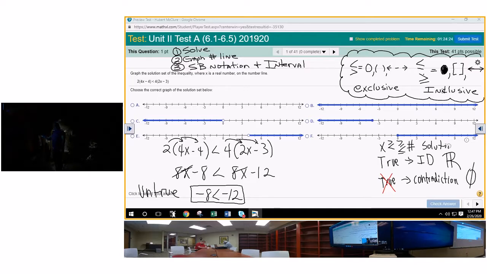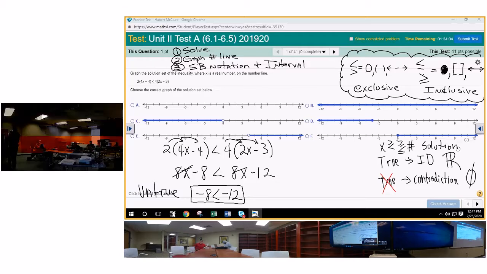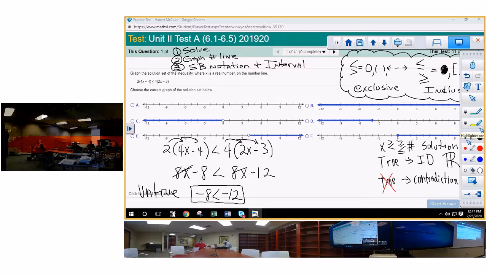But 10% of the time you might get a true statement like 5 is equal to 5, or you might get an untrue statement like negative 8 is less than negative 12. That is untrue. So which one of these number lines say no solution? A. Good, that's an alpha. Good job. So your answer here would be alpha.